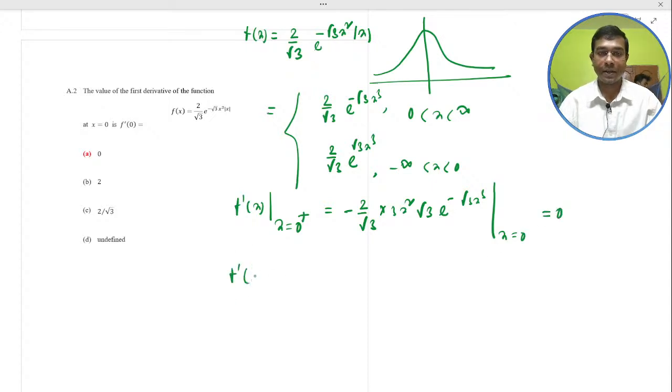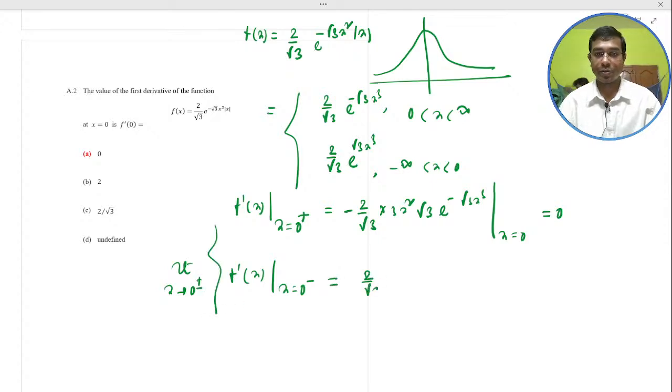Now f dash x at the point x equal to 0 minus, this is basically the limit x tends to 0 minus: 2 by root 3 into 3x square into root 3 e to the power root 3 x cube at x equal to 0.